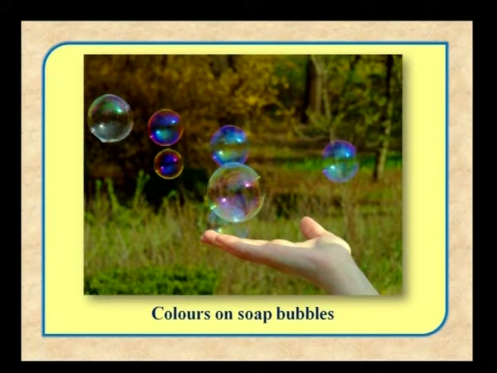The colors that you get on soap bubbles are also due to interference. You see beautiful colors from the upper surface and the lower surface of the thin layer. Light is incident on the upper surface, travels through the film, and is reflected at the bottom of the layer, and these two beams interfere, giving rise to the phenomenon of interference.